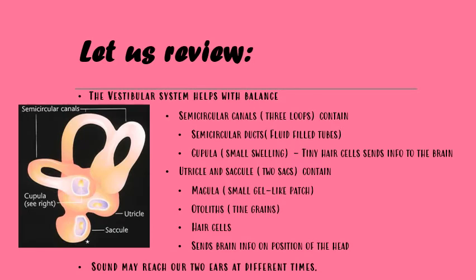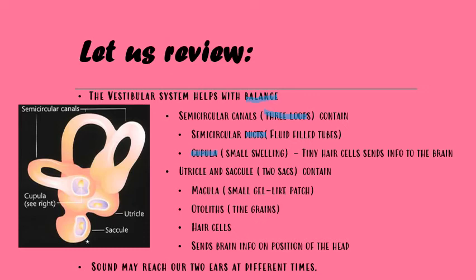Let us review. The vestibular system helps with balance. The semicircular canals are 3 loops, and they contain the semicircular ducts and the cupula. And the semicircular ducts are filled with fluid-filled tubes, and the cupula has a small swelling with tiny hair cells that sends information to the brain.